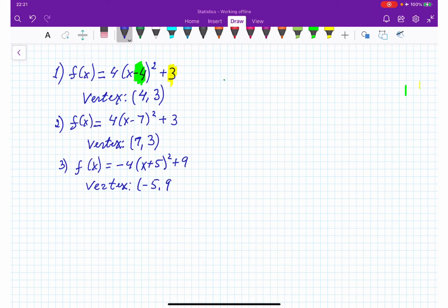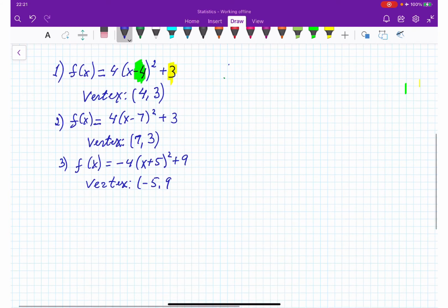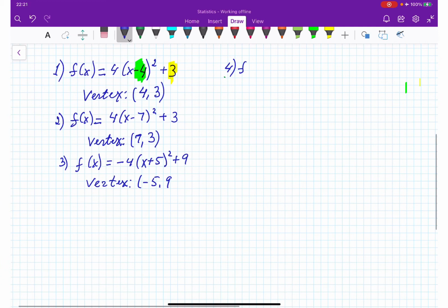Okay, now what if, question number 4, we have a quadratic function in the format 3x squared minus 6x and plus 10.